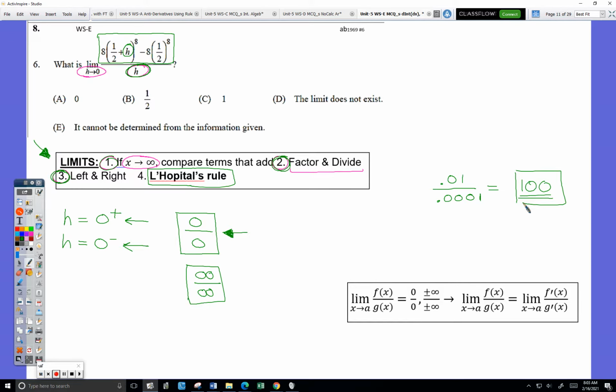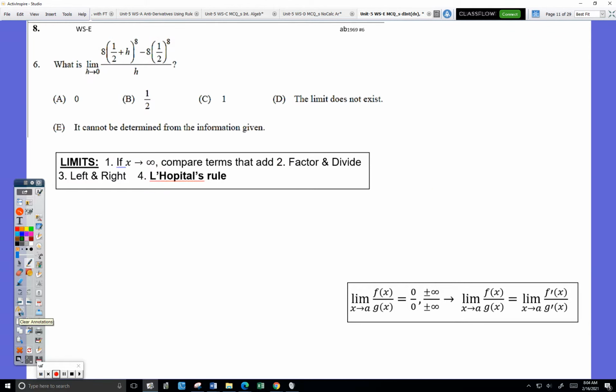What L'Hopital discovered was if you end up with that situation, you try to find a limit, and you encounter the fact that your limit is either 0 over 0 or close to 0 over close to 0, or some combination of infinity divided by infinity, you can create a new limit problem that will give the same result as the original limit problem, but it will be easier to solve.